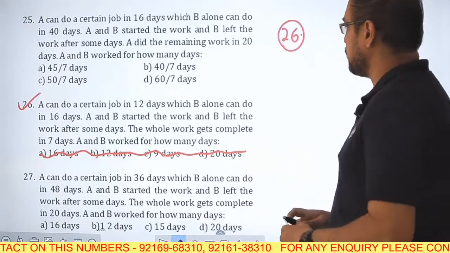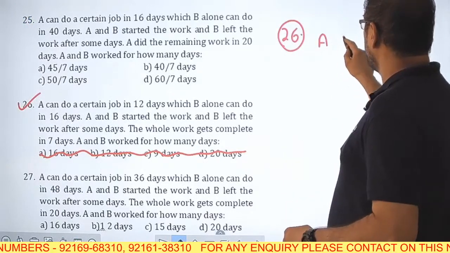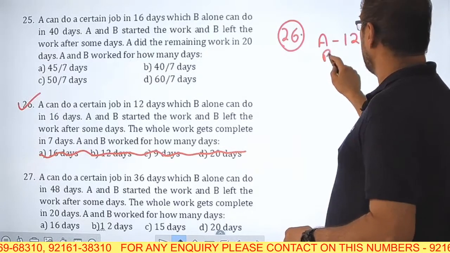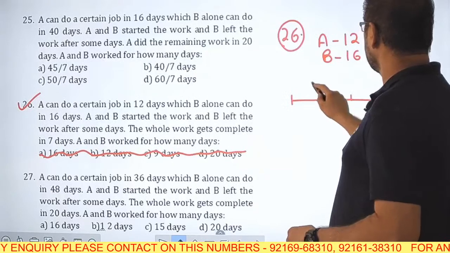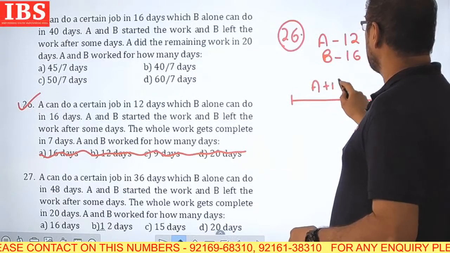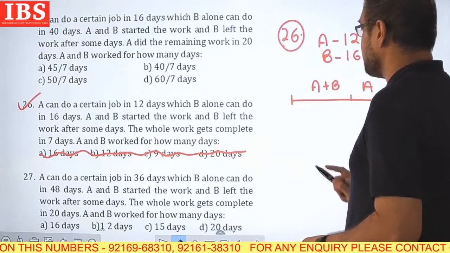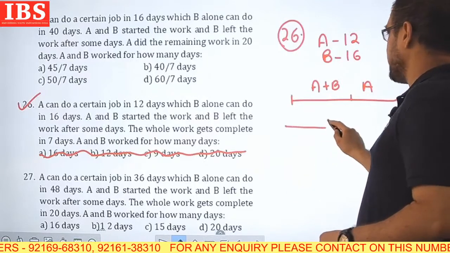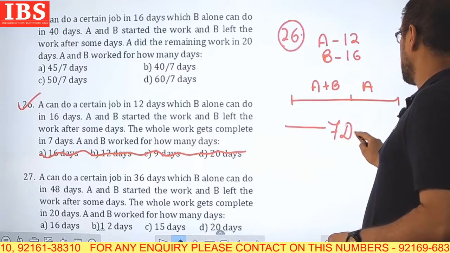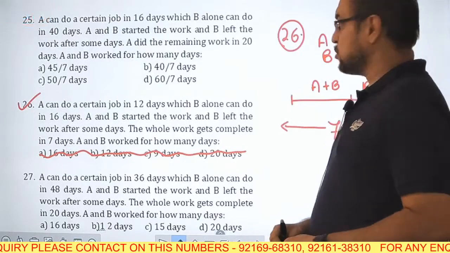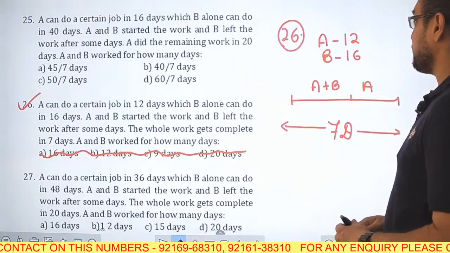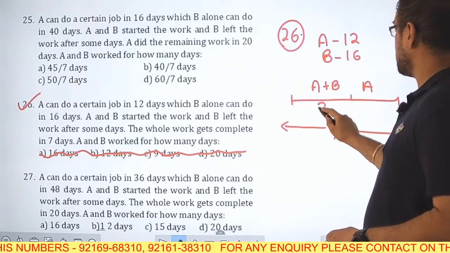A does the work in 12 days, B in 16 days. A and B started, B left. B left means A is still working. The whole work gets completed in 7 days. So this total work gets completed in 7 days. We are asked: A and B work for how many days? This is the question mark that is asked.